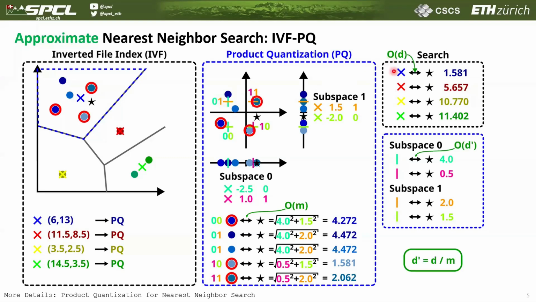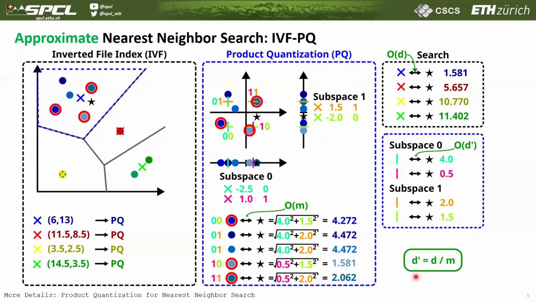And here we can also see why this is so much more efficient than exhaustive search. So notice that we have different parameters here. The D represents the number of dimensions in our original space. So in practice, this could be 1000, for example. And this M here is the number of subspaces. This could, for example, be 10.